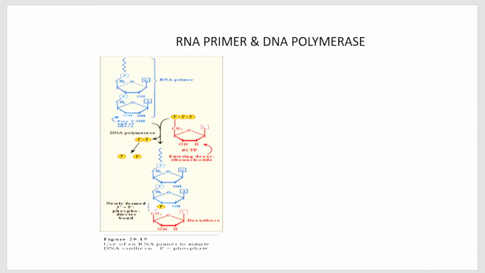Now how is the DNA synthesized? The new DNA has to be synthesized using the enzyme DNA polymerase. But DNA polymerase has the capability of attaching nucleotides to a DNA strand, but it cannot do so from scratch.